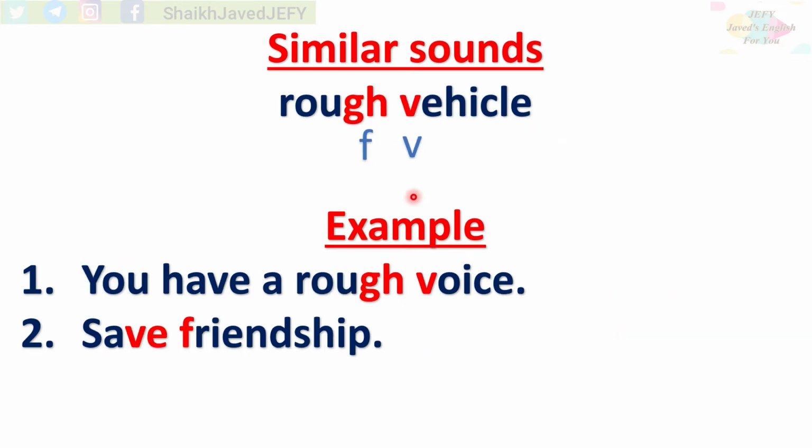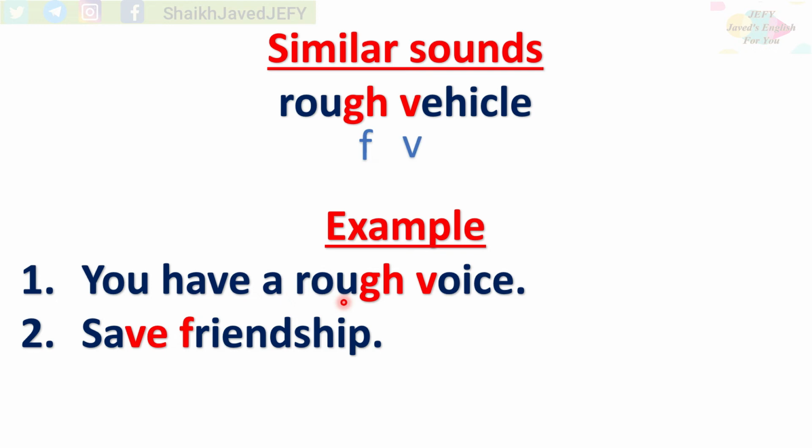So we know that the and th, these sounds could be linked. Now there's this sound f and v. Okay, they are not same sounds, remember that, but they are almost the same. They are similar sounds. So whenever they are in close connection, like this one or like this one, you can link them. How to read it? You have a rough voice, a rough voice.